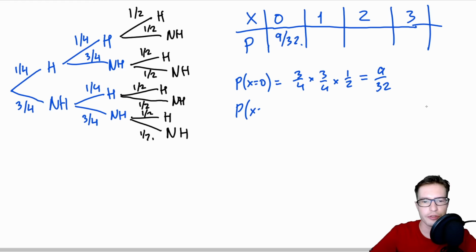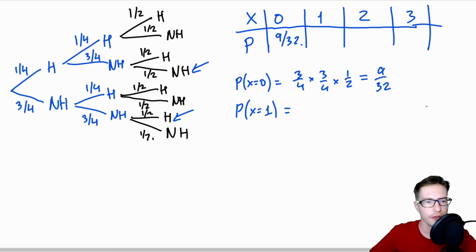Next, the probability to get only one head. So that means either the first coin shows head, and the second and third show no head, so it's this way, or not head, head. Only 2 scenarios.